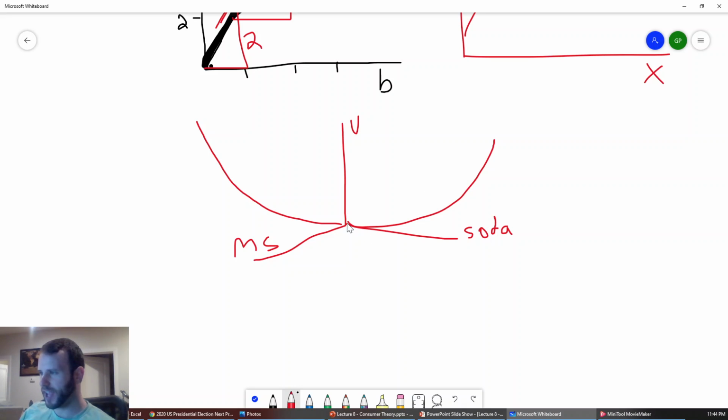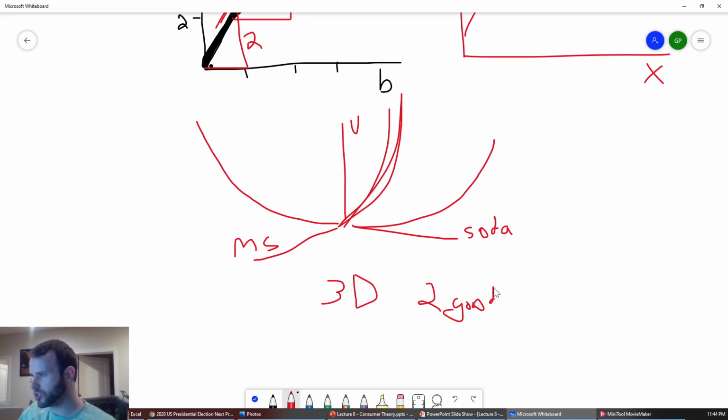The more mozz sticks and soda you have, I don't really know how to draw it in 3 dimensions off the top, but it'd be even further. Basically, it'd be like a curved bowl, like half of a bowl, where different combinations of mozzarella sticks and soda give you different utilities. But this is a 3-dimensional graph with 2 goods, 3D, 2 goods.